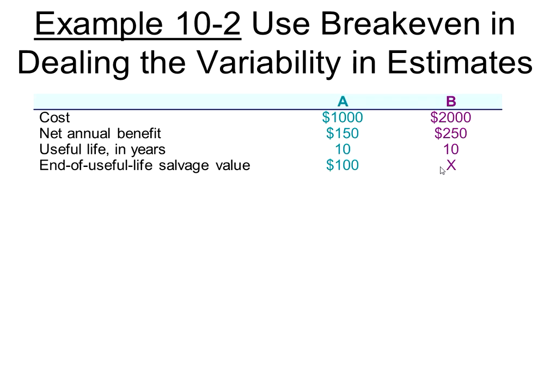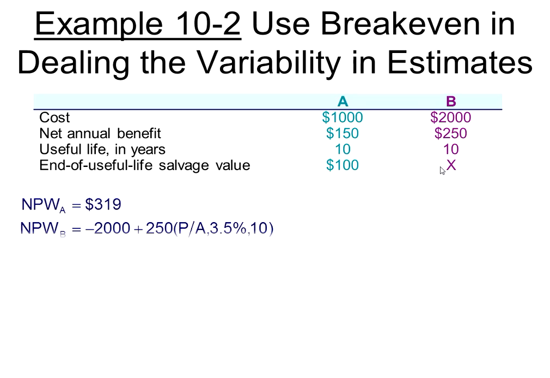To do that, we set up the equations of net present worth. For A, we already computed it to be 319. For B, we write it out with X here instead of 300 or 400, but the rest is basically the same as in the previous example.